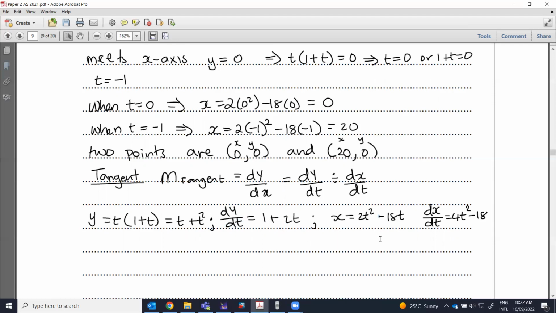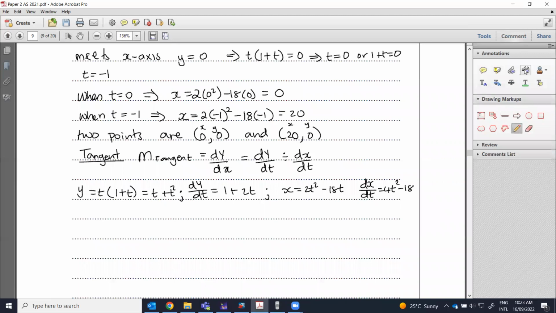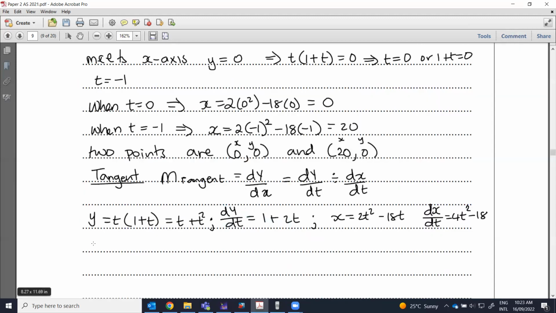Right. Now I'm going to find the gradient. We say that dy/dx is given by this formula over here. So I take dy/dt, which is 1 plus 2t, and then I divide this by dx/dt, which is 4t minus 18. So this should not be a square here.